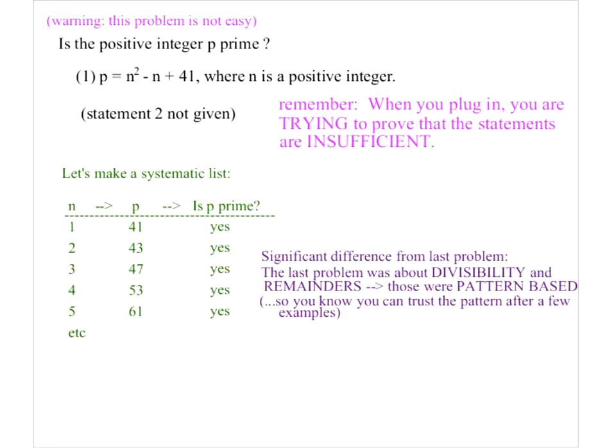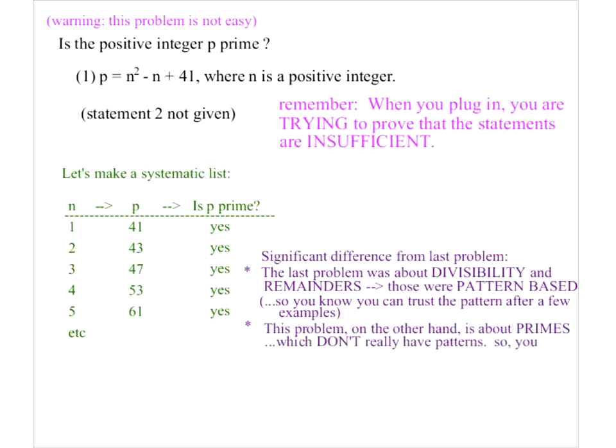Primes don't have patterns. Okay, this is a significant difference that you've got to pay attention to. This problem, on the other hand, is about primes, which don't have patterns. So, you should continue to investigate.